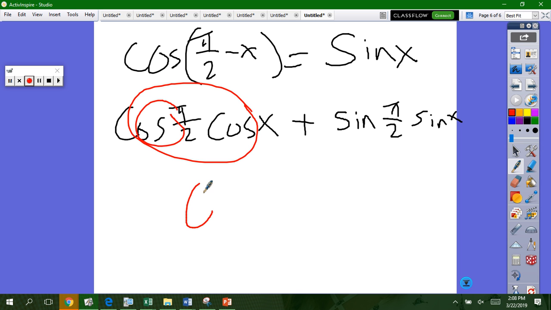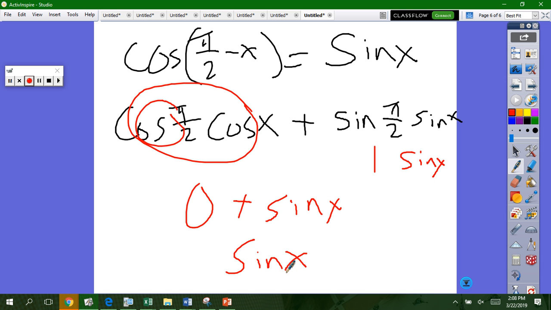So this side is 0, isn't it? Plus, what's the sine of pi halves? 1. And 1 times sine of x is sine of x, which equals sine of x, which we just proved anyway, didn't we? Does that make sense why I showed you not to memorize those ones? Because you're going to have to memorize this formula anyway. Everybody good there?